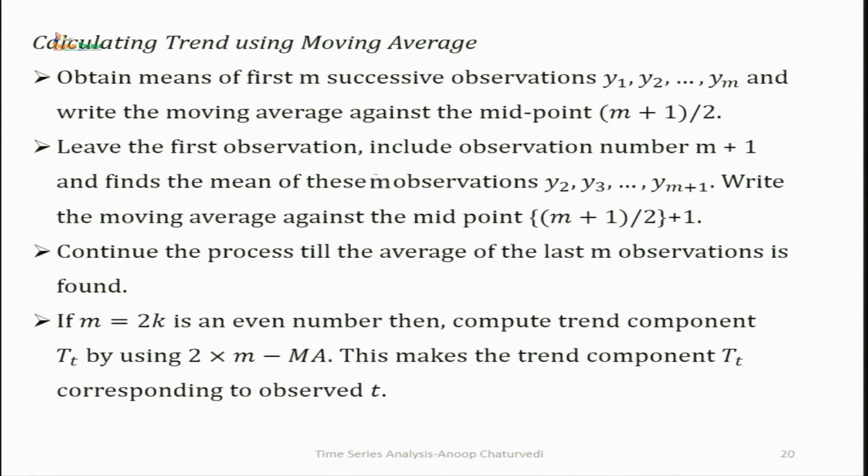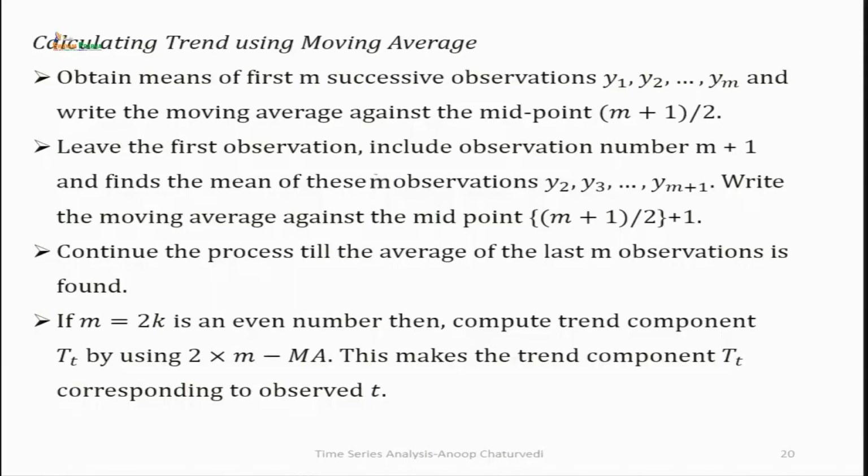Now, this makes the trend component T t correspond to the observed t, because the midpoint of an even number, if you have 4 observations, you are taking moving average of 4 terms, then it will correspond to t equal to 2.5. Now, for t equal to 2.5, you have not taken any observation. If you further take 2-term moving average, then you get a moving average corresponding to the observed value of t.